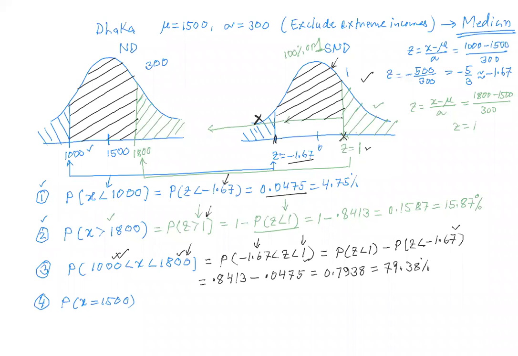And the last but not least is this. What is the probability that someone makes exactly $1,500? What is that probability?